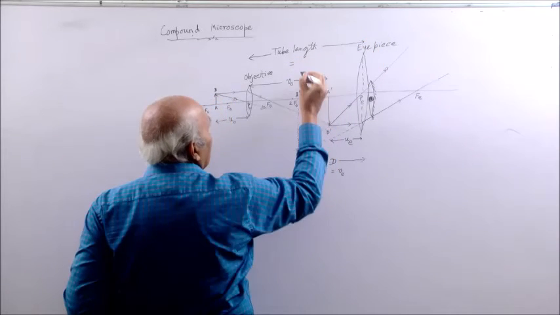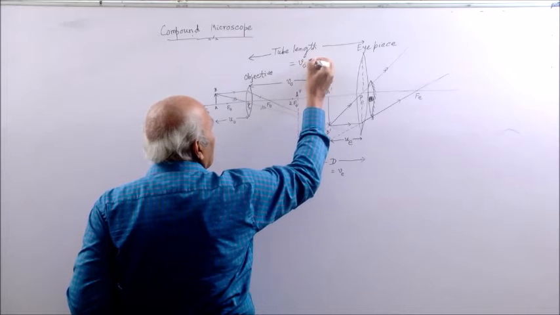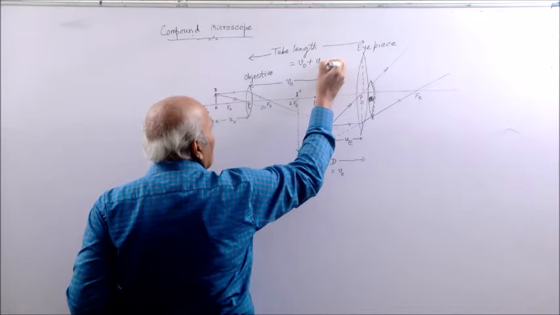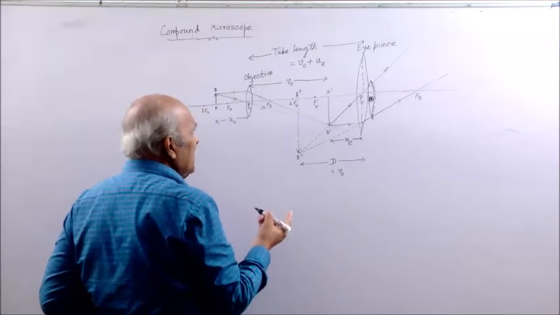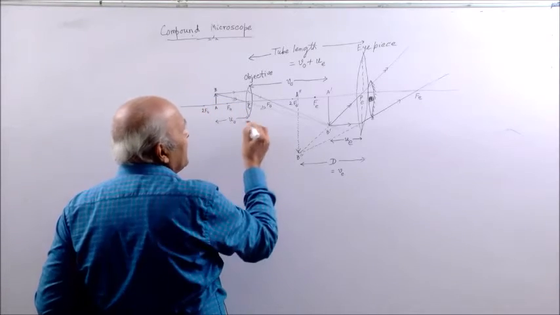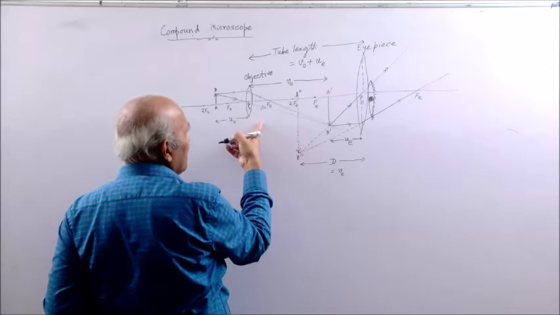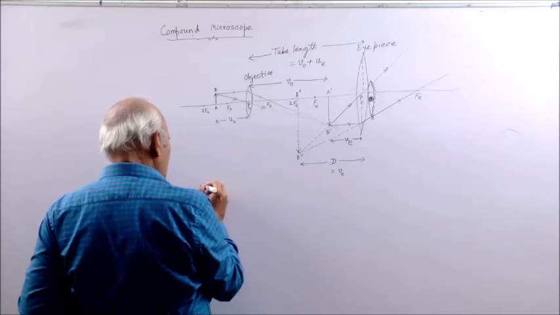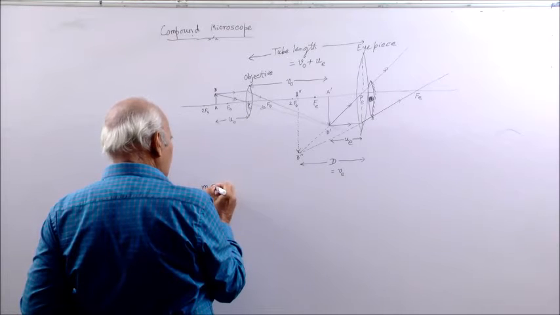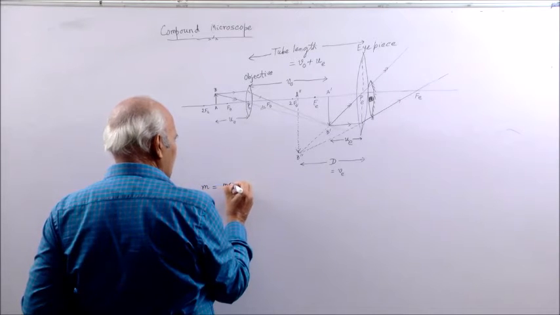And in our diagram, as you see, it is VO plus UE. So, this is the formation of image, and it has been magnified twice, by the objective and also the eyepiece. So, let us write the M, that is the magnification.